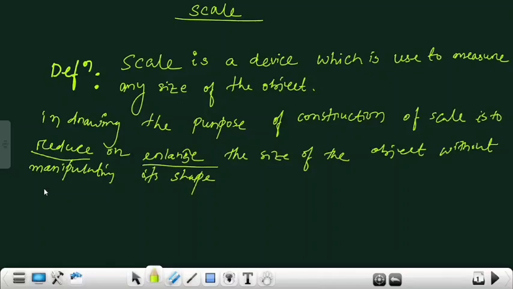Next, to understand the scale, 6 parameters must be necessary. The first one is the representative factor, which is also called RF.